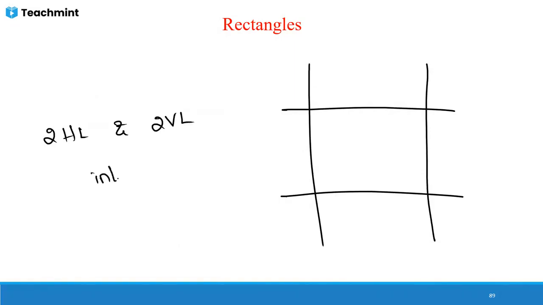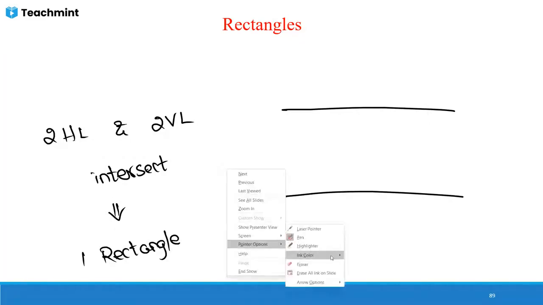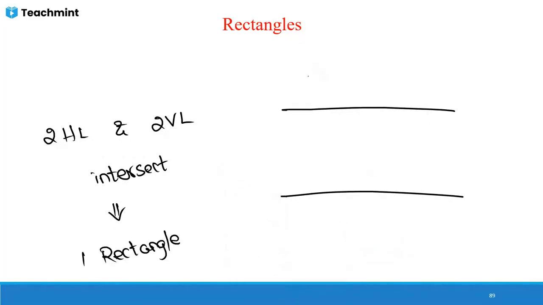If those two sets intersect, then one rectangle is formed. I hope you can see on screen now: 2 horizontal lines and 2 vertical lines. When they intersect, you can find there is a rectangle here. One rectangle formed.